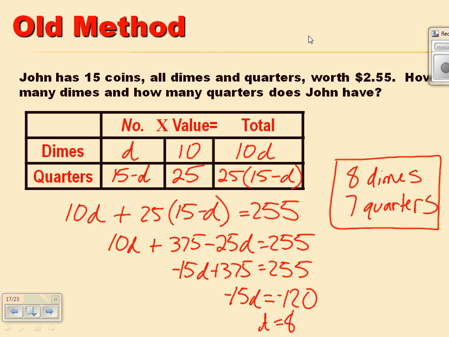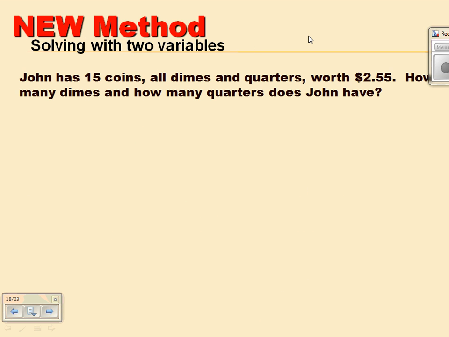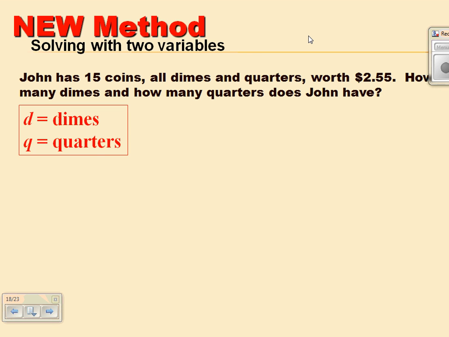We're going to solve the same exact problem, but using two variables. So I'm going to say D equals dimes, Q equals the quarters.